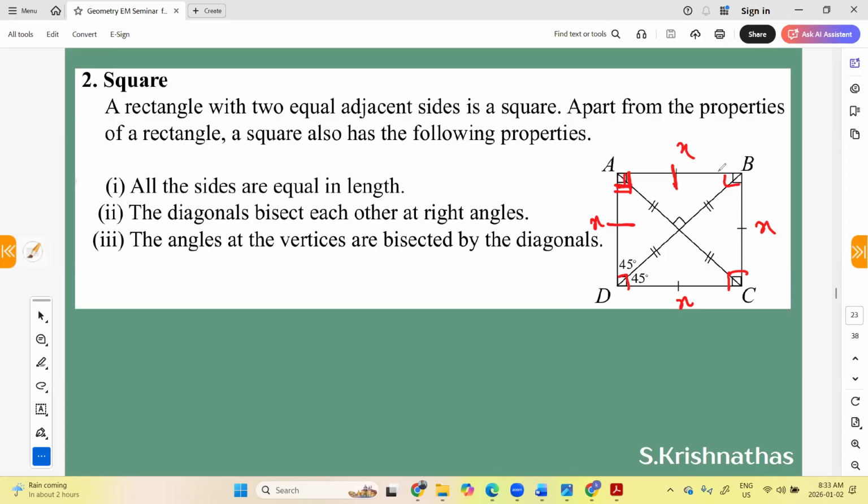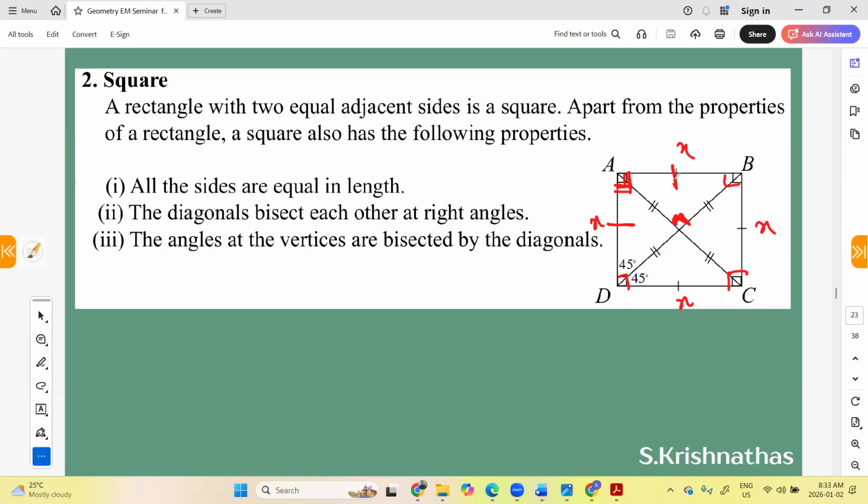Now, students, what are the special properties of a square? All sides are equal in length. Diagonals are equal in length. One more thing: the diagonals bisect each other at right angles. Very important thing. In another quadrilateral also, the diagonals bisect each other at right angles.